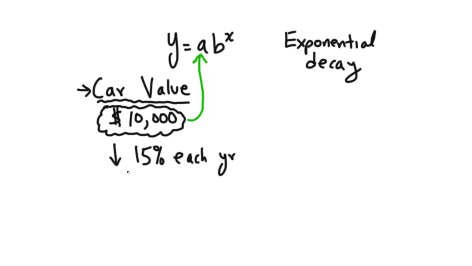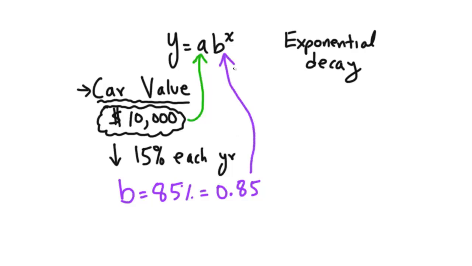And since it decreases by 15%, the b is going to equal 100% minus 15%, which is 85%, which is 0.85 as a decimal. Right? So that'll be the decay factor, or the b.